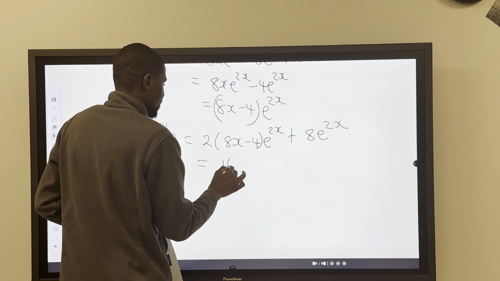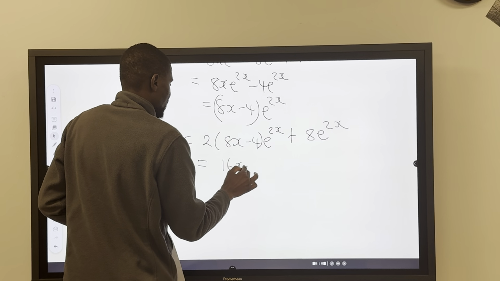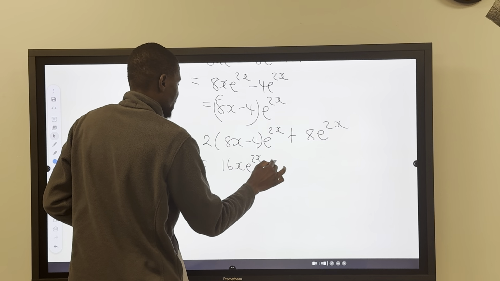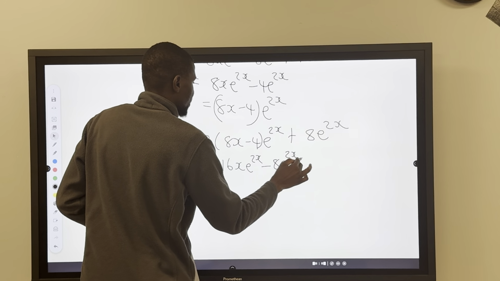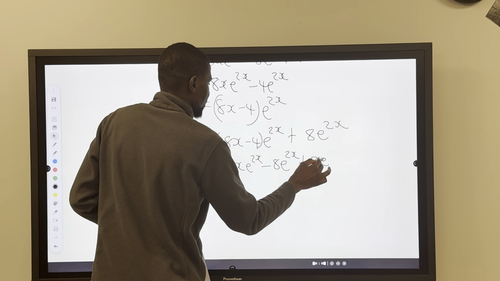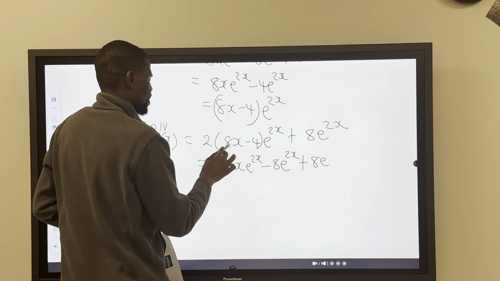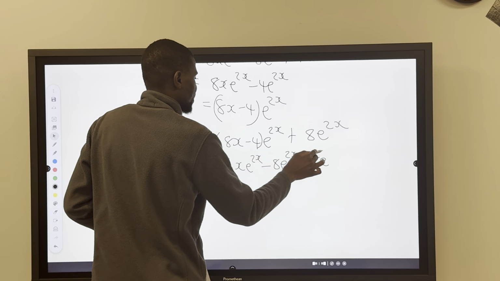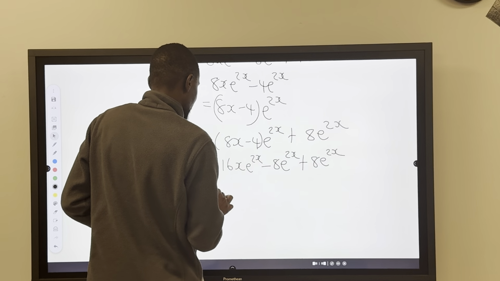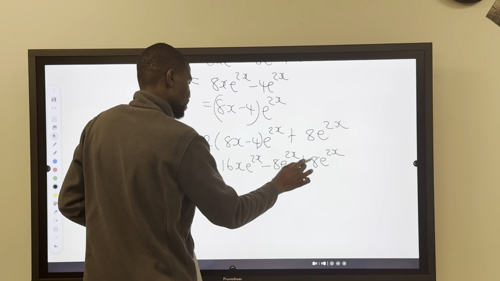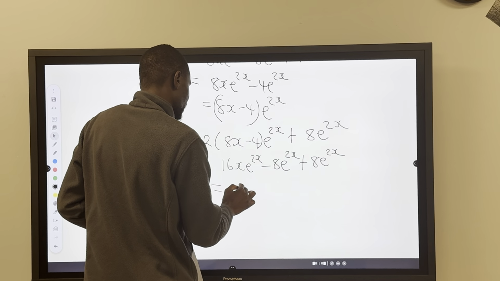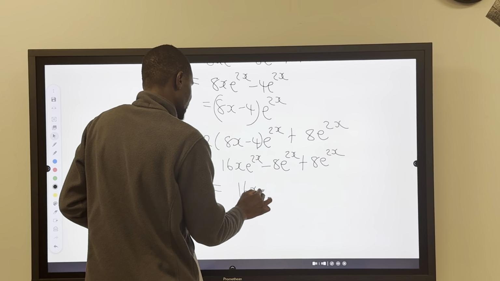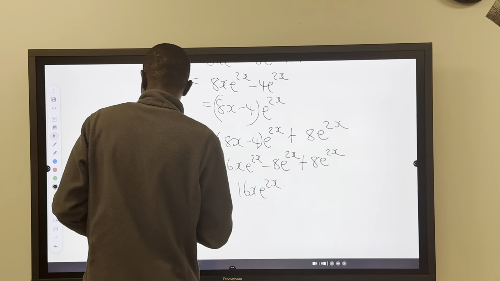Then this is 16x e to the 2x minus 8 e to the 2x plus 8 e to the 2x. This and that cancel out, so we only have 16x e to the 2x.